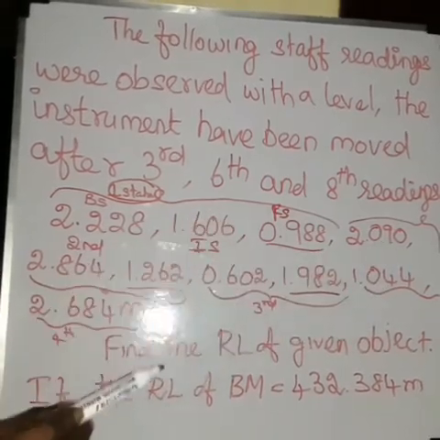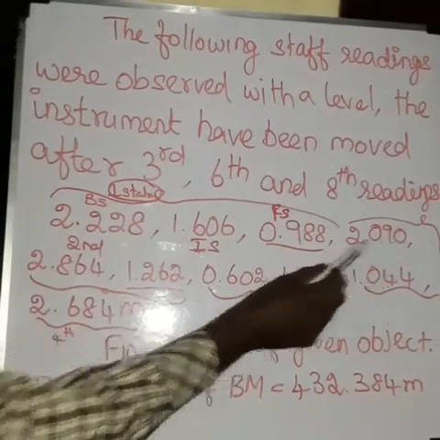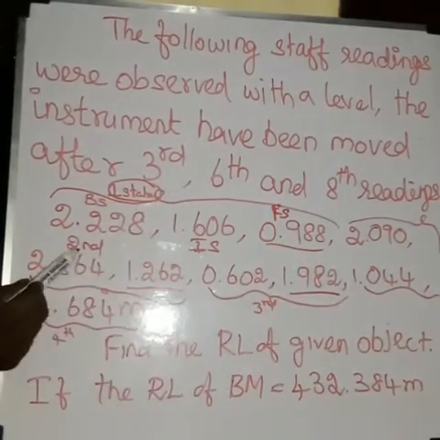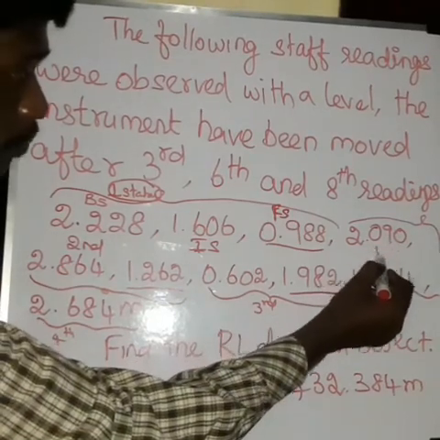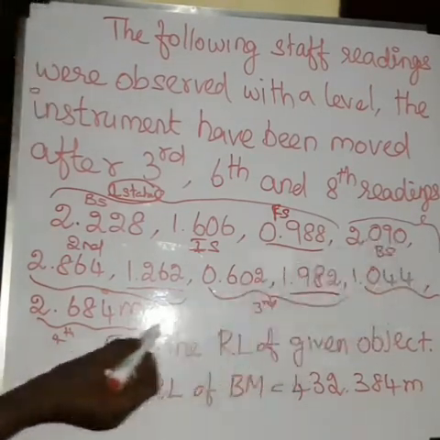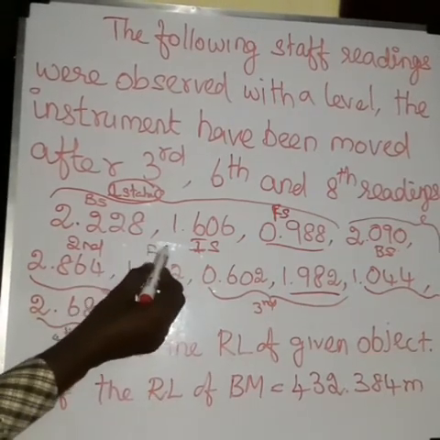The second station is also the same. 2.090 is the first reading taken from the second station, so it is known as the backsight reading. The last reading of the second station is 1.262, so it is known as foresight.